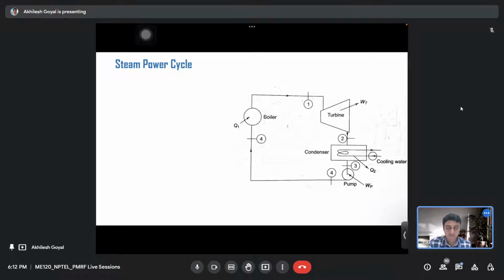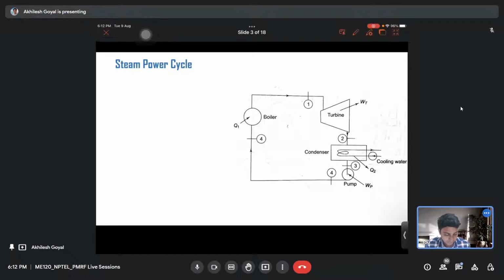Okay, so in this cycle, when water goes inside the boiler, it receives heat Q1 from the boiler.